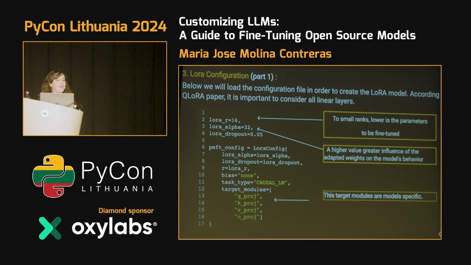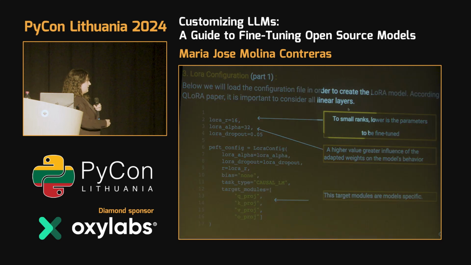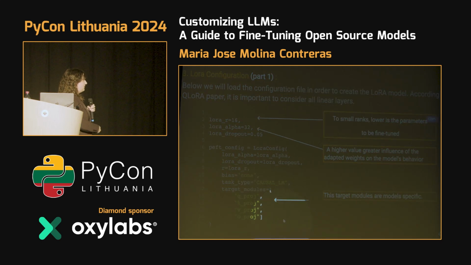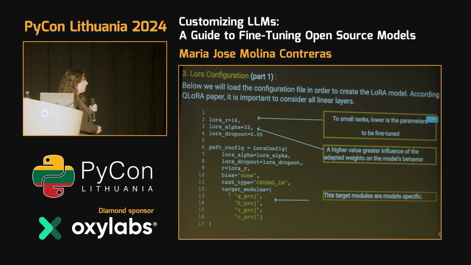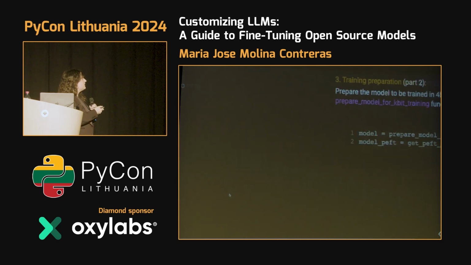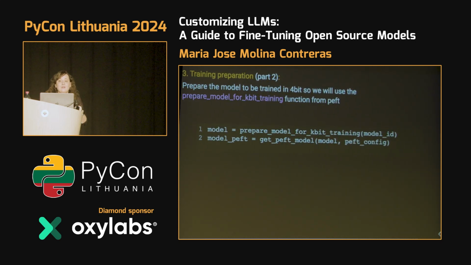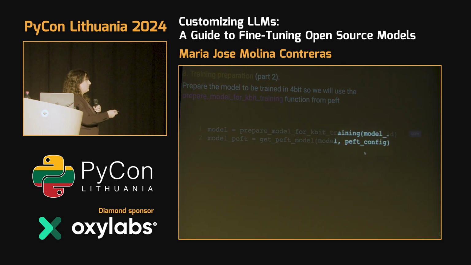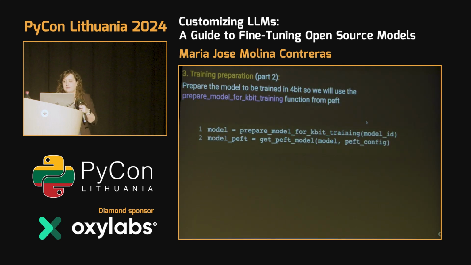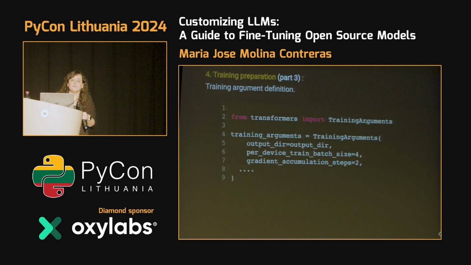Here now we have the LoRA configuration. In this case, I only share with you this part, which is the one that I was showing before. This is the target modules, which refers to the linear layers. And then, again, we prepare the model, we call this configuration that we prepared for the parameter optimization.